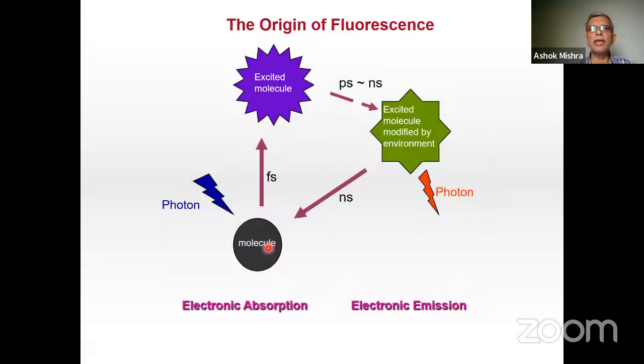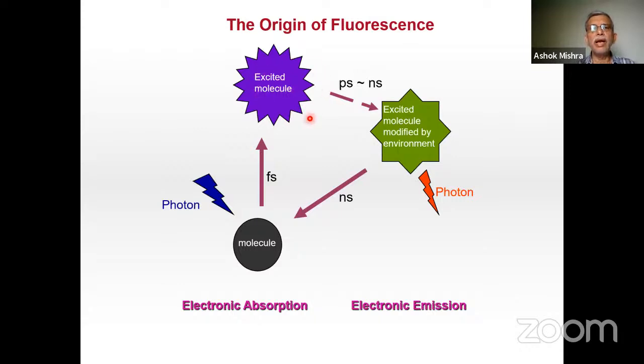And that is why the more complicated a system is, the more information you can extract if you understand the complications. Suppose I take a dark molecule, I put in light, it goes up to the excited state. In the excited state, it will not stay long. It's not stable there.